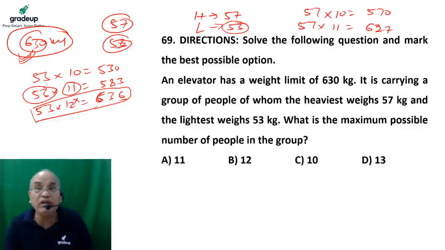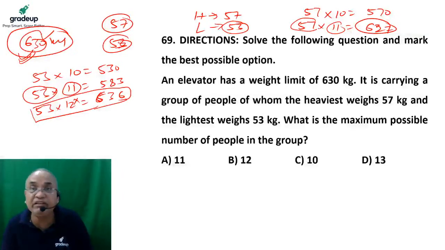627, and the lift can bear a weight of 630. If every person has 57 kgs of weight, 11 persons' total weight is 627 kgs.